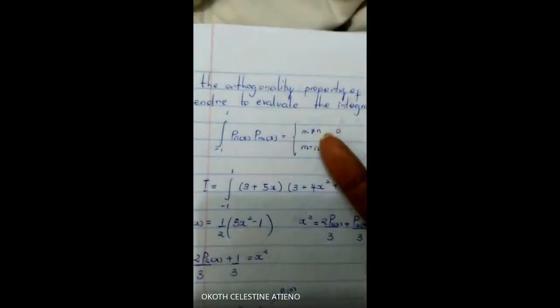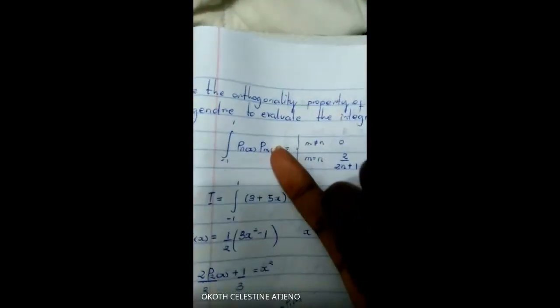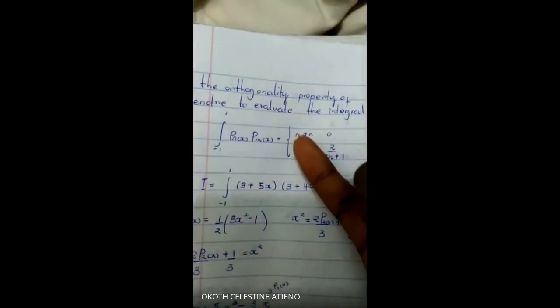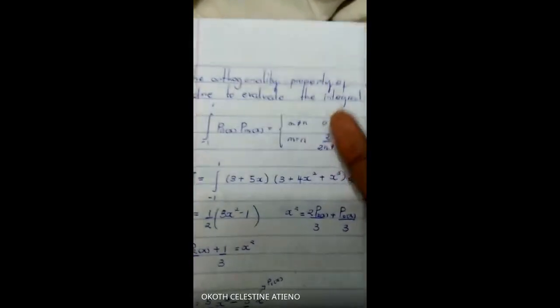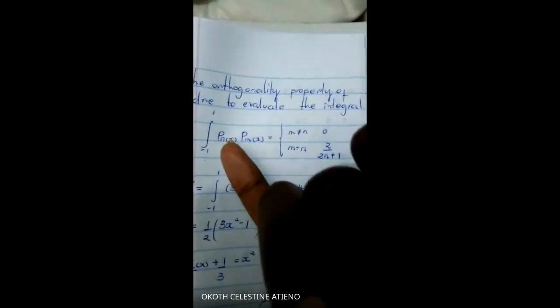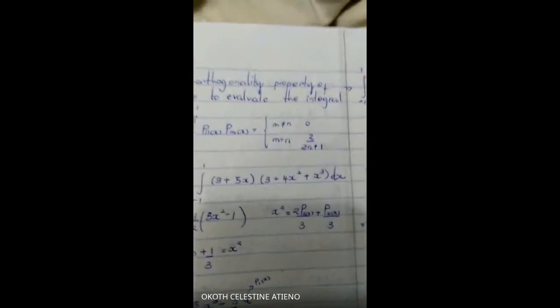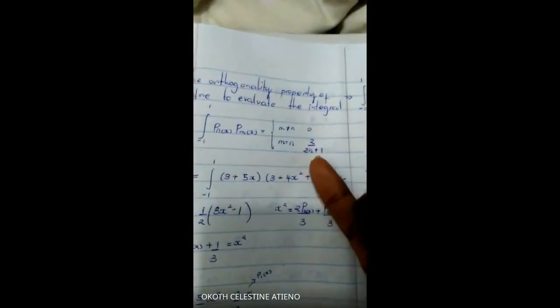The result is 0 if subscript m is not equal to n, for example P0 and P1, or P1 and P2, or P1 and P7, which means that term goes to 0. But if n is equal to m, so if the product is P0 and P0, or P7 and P7, or P2 and P2, then we evaluate. The solution will be 2 over 2n plus 1.